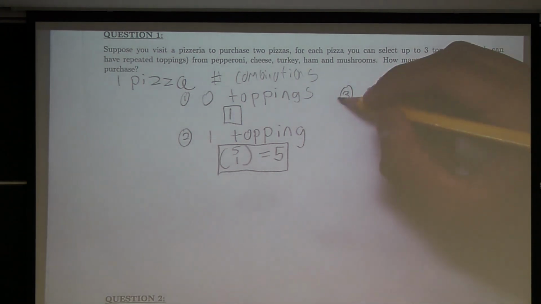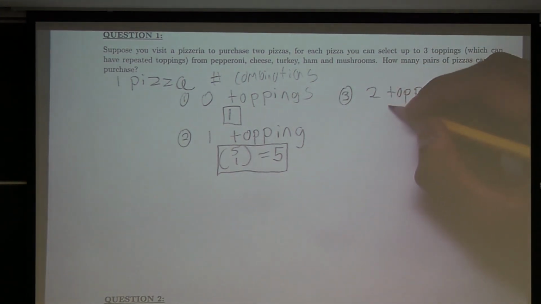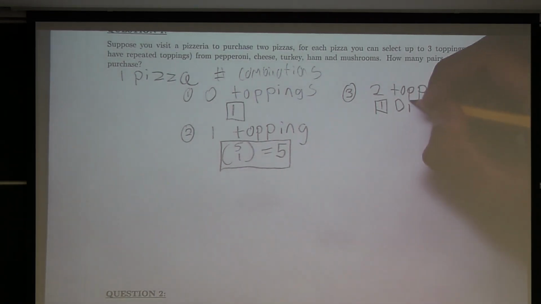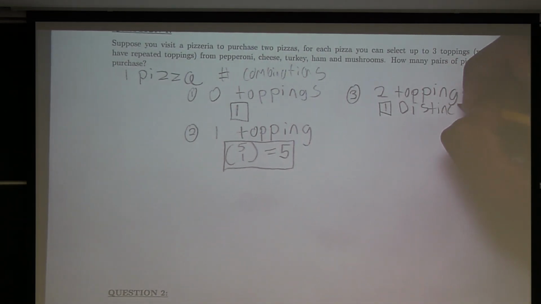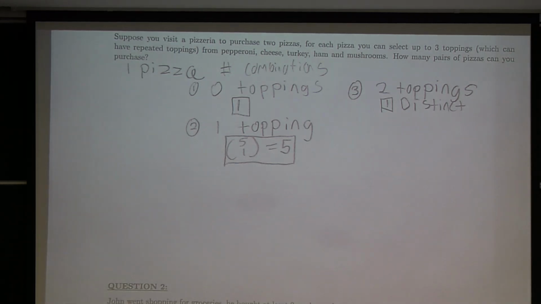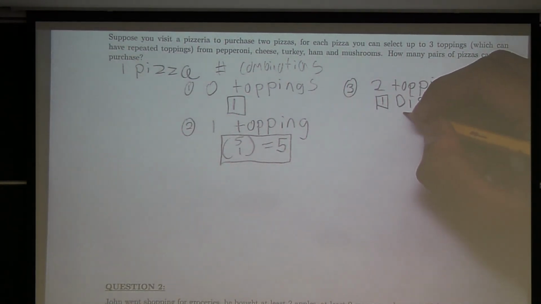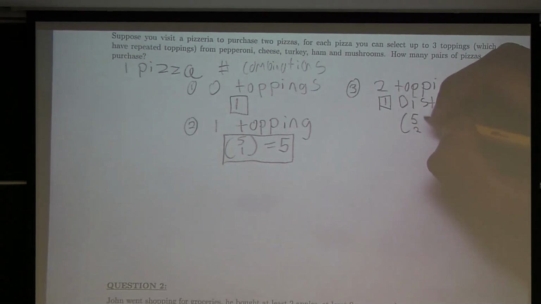So we'll split this into 2 extra cases. One case where it is distinct, and if the toppings are distinct, we just have 5 possible toppings, and we want to choose 2 of them. So in total, 5 choose 2 toppings.